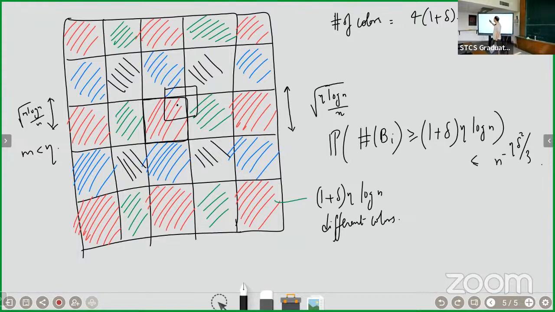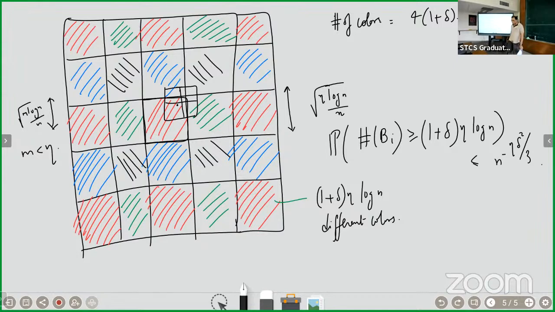But if you take a quadrant view of this, subdivided into 4 quadrants, can you use that somehow? I'm giving you the fact that I'm connected to everybody inside my small box, of size 10 log n by n. If I look at it subdivided into 4 quadrants, what does it mean?